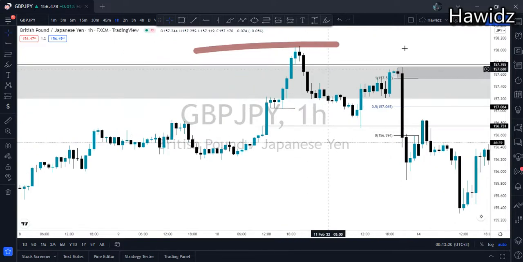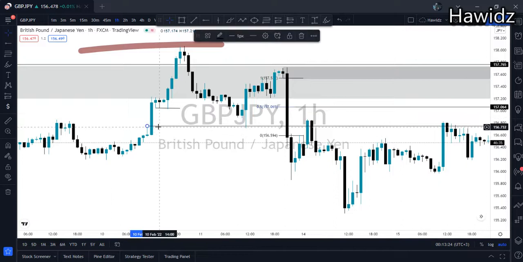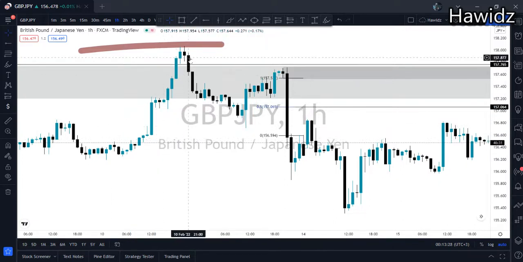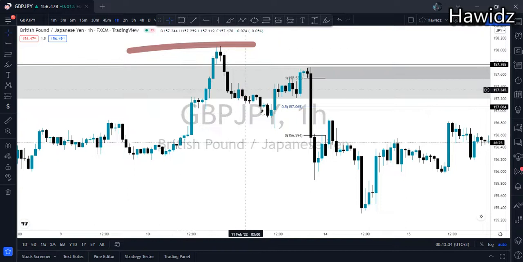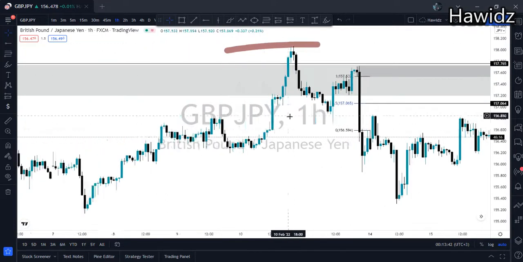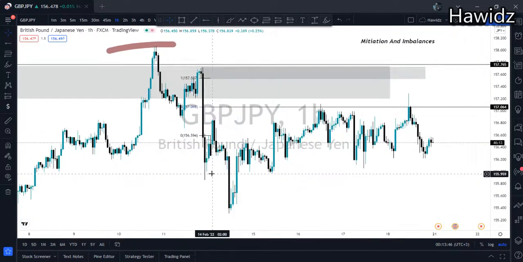Although it doesn't leave permanently, price continues with the true trend. Now the idea of mitigation comes with this action of price coming to fill this imbalance and then leaving. Mitigation is simply the fulfillment of imbalances, making sure that there are no price gaps left.